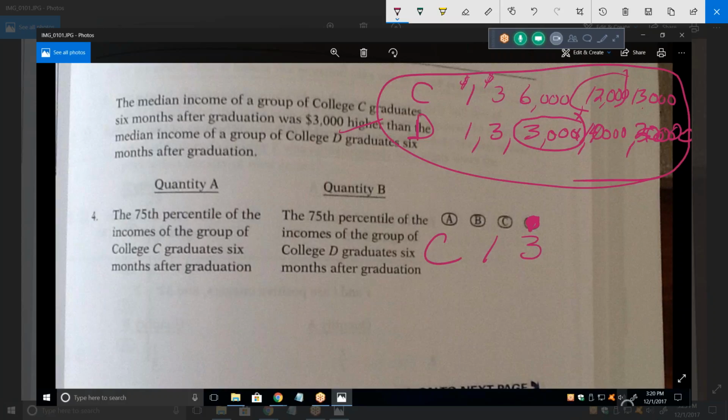The other way I meant maybe to do it would be, let's say that was C, and that would give you a median of 4, and C has to be twice D, so my median has to be 2, so I could do 1, 1, 3, 10.